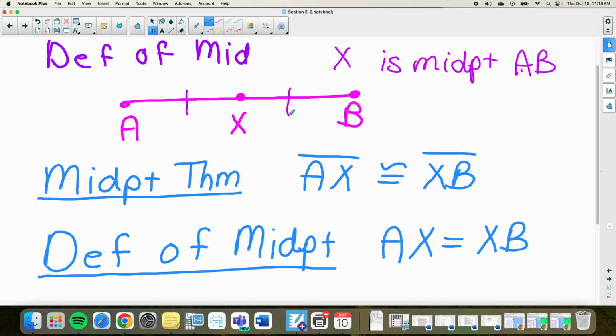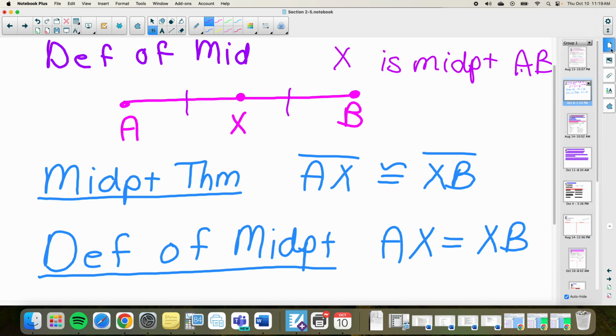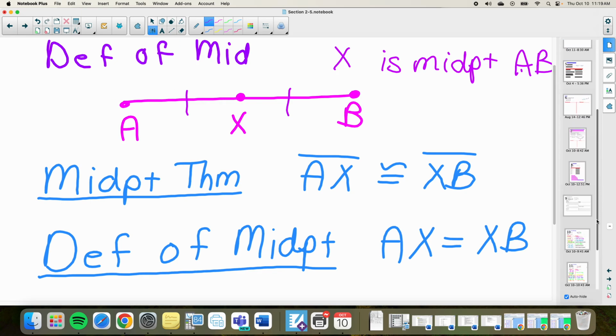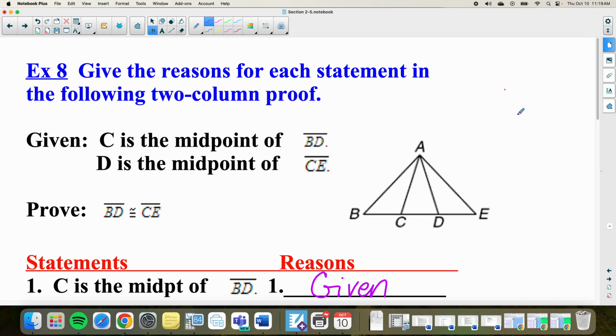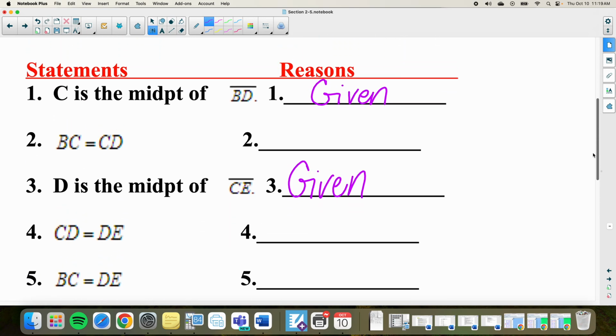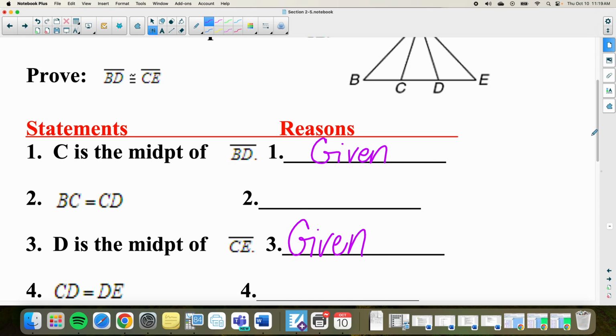Or if all of my segments had that squiggly and the bars, I could write it that way. And one of the things I said is I don't really care which one of these two you use. I typically use midpoint theorem. If you wrote definition of a midpoint, that is absolutely fine, okay? When you have a midpoint in a proof, like we have right now, you're absolutely going to use one of those two things I just showed you.